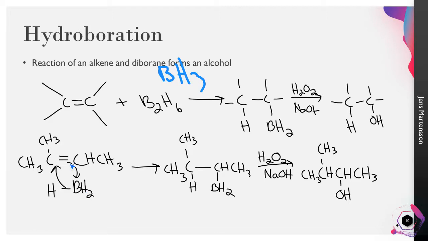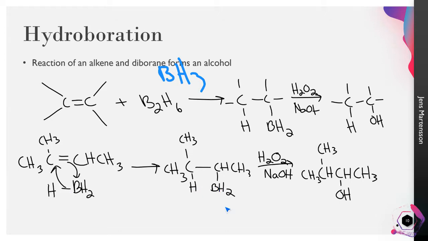So the mechanism, again: the arrow comes from the double bond to the B, and then this BH bond will break. These bonding electrons will go back to the other carbon. So that will add the BH2 to this carbon here, and then the hydrogen to this one.